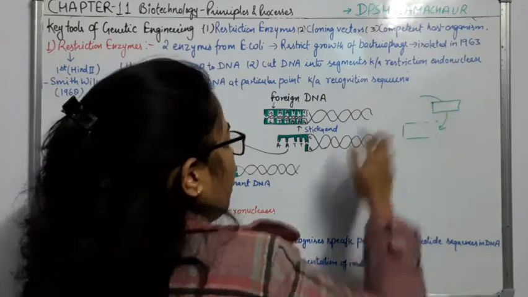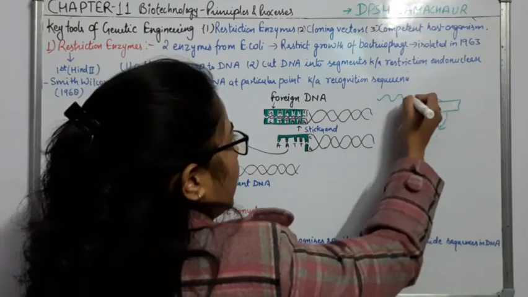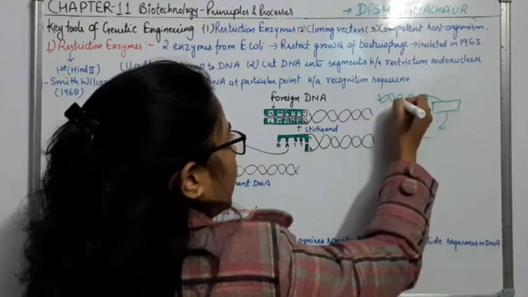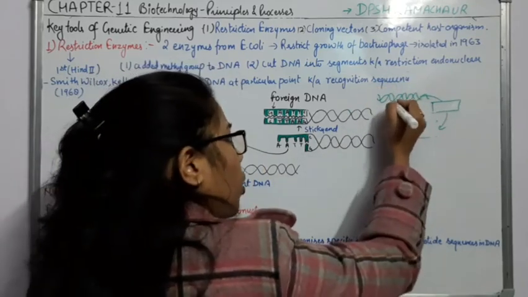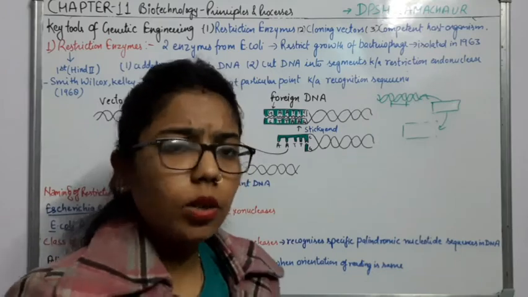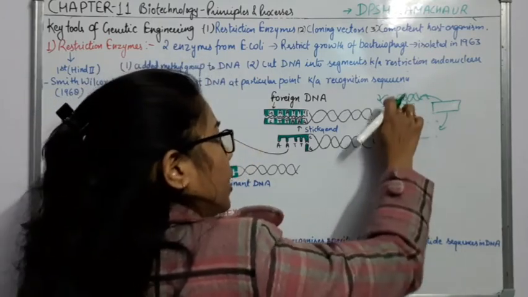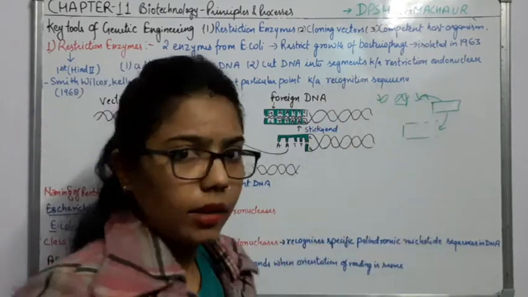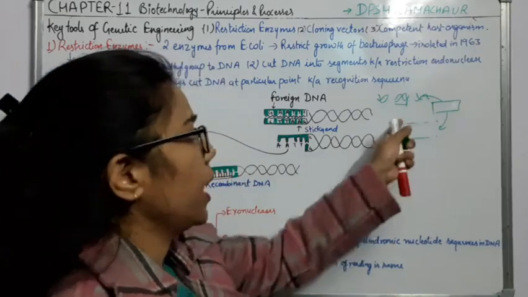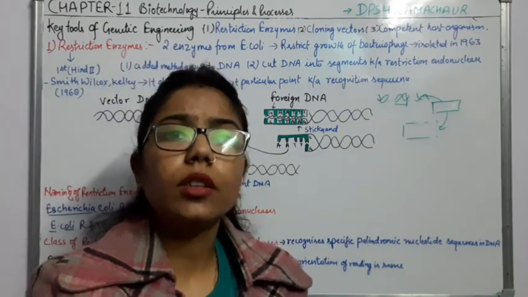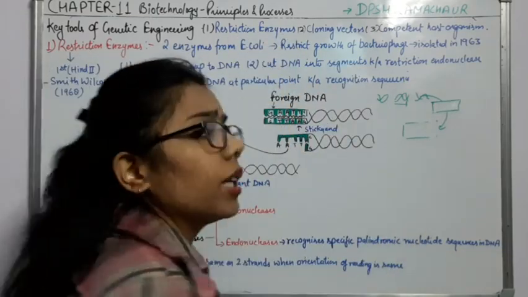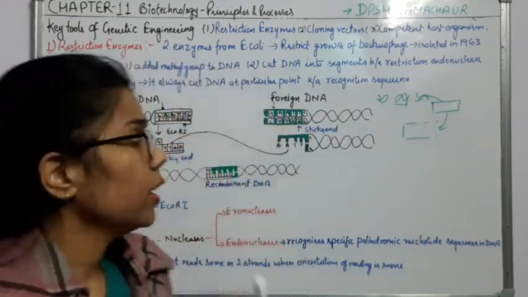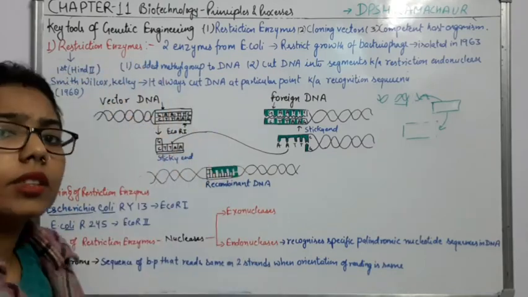If I want a specific part of this DNA, I have to cut this DNA. To cut this DNA, what can be the tool? The restriction enzymes, and these restriction enzymes we are going to discuss today.